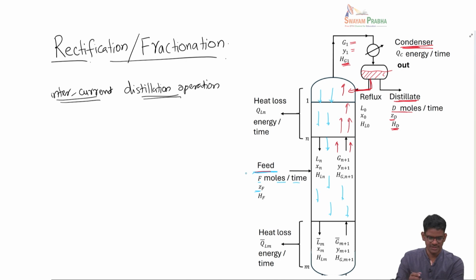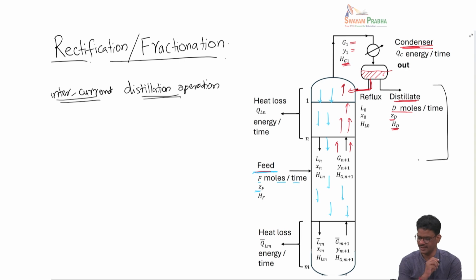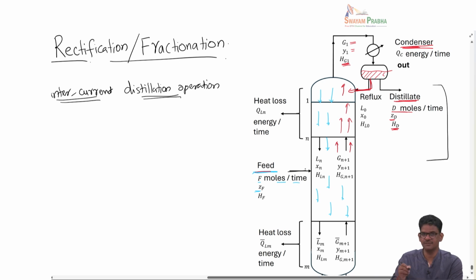So this particular section, this entire section above the feed line, okay, from the feed to the top of the column, we call this the absorption section or enriching section or rectifying section.